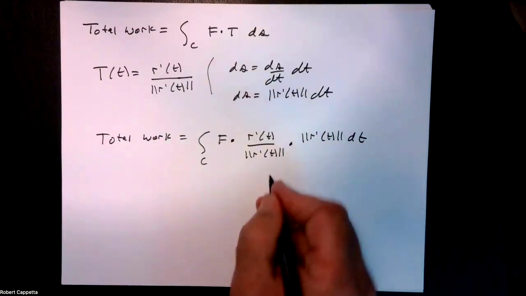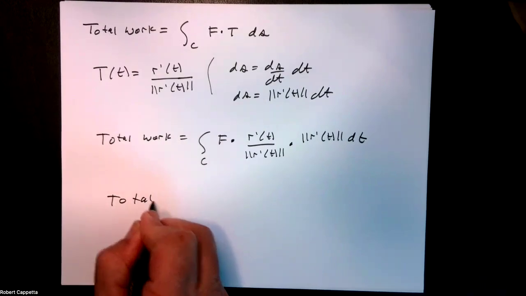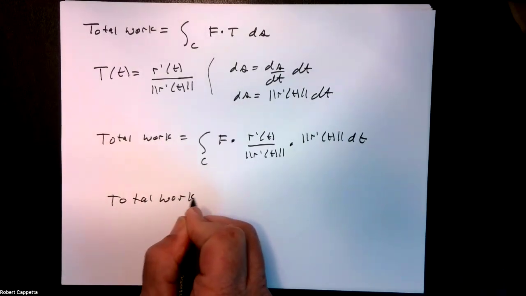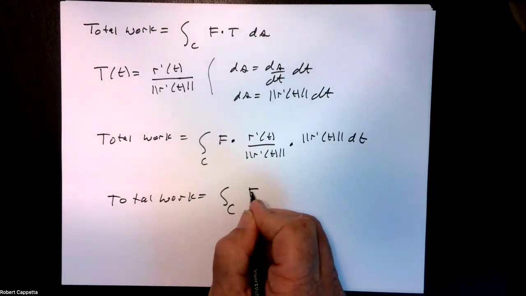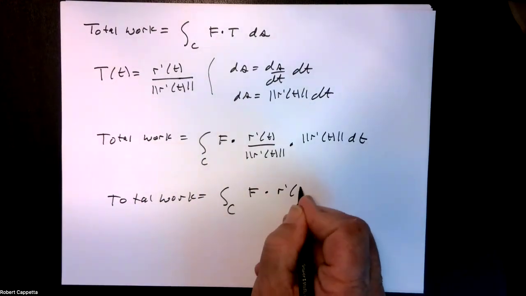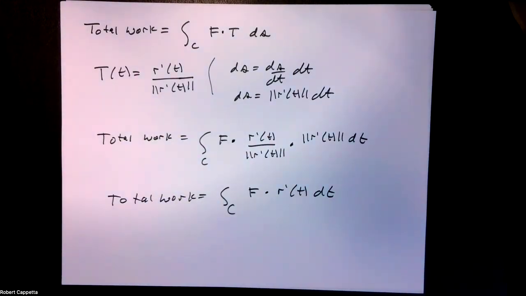Well, you can see that we lose the speeds and we get total work is the integral over C of F dot r prime of t dt. But this isn't even how we remember it.